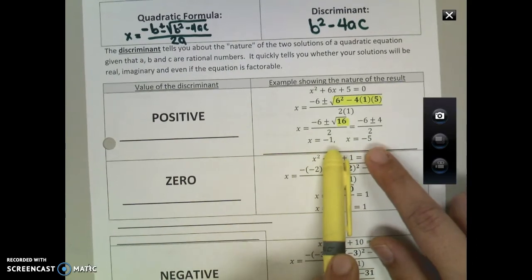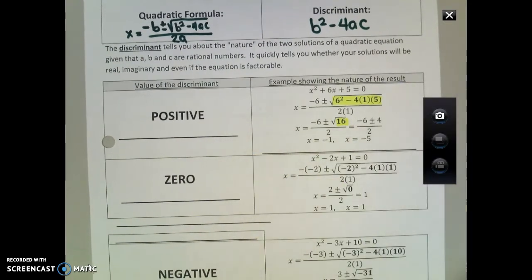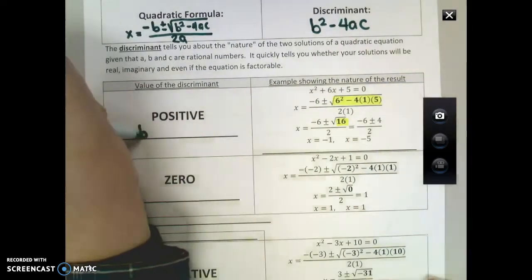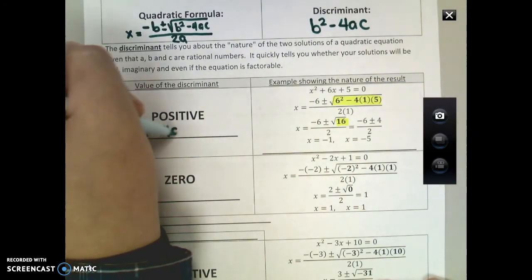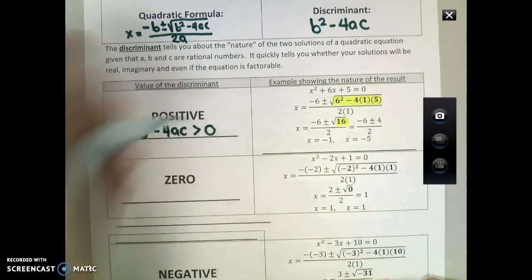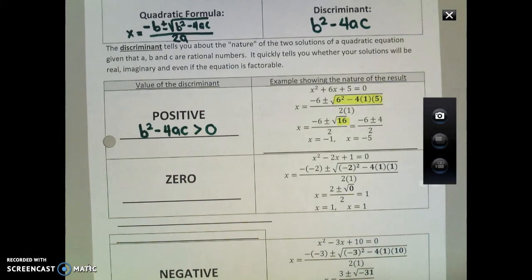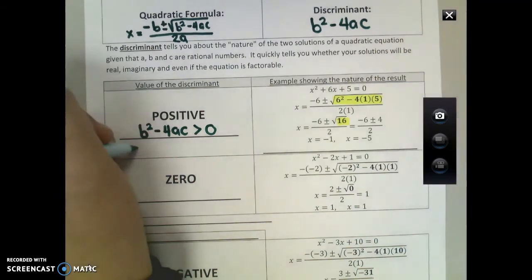Now, they may not always be whole numbers like this, and part 2 of this video discusses that. But whenever b squared minus 4ac is greater than 0, you will always get two values, two real numbers.